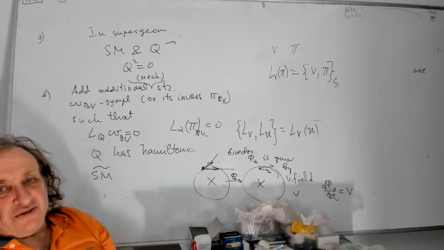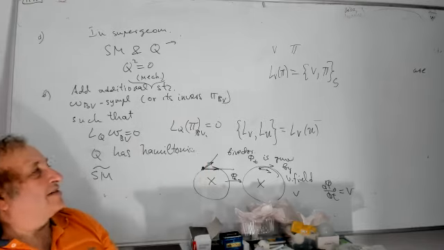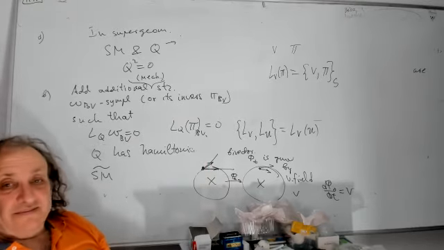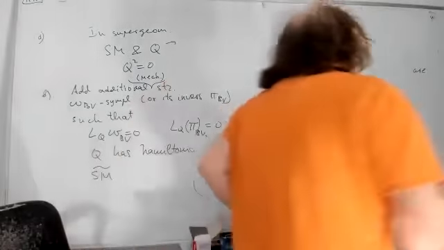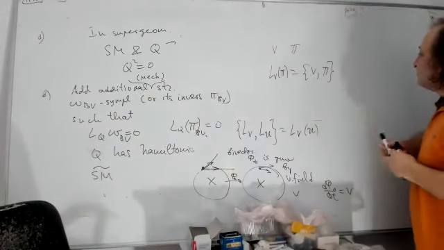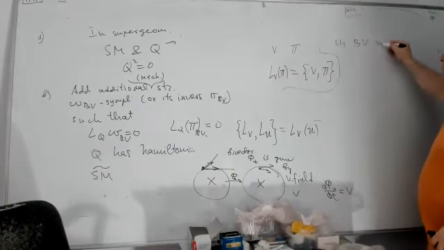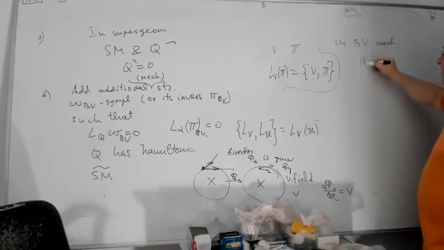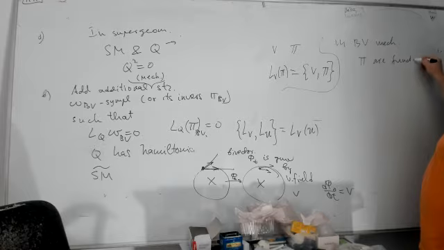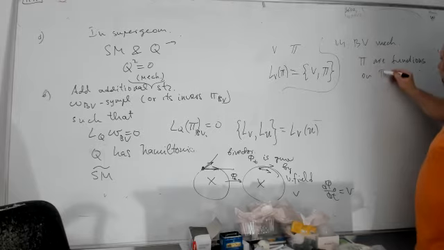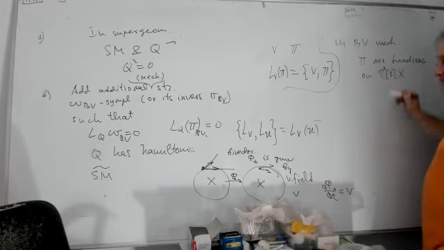And that is quite interesting. So this thing could be understood only in BV mechanics. So in BV mechanics, polyvectors are functions on T star 1x.